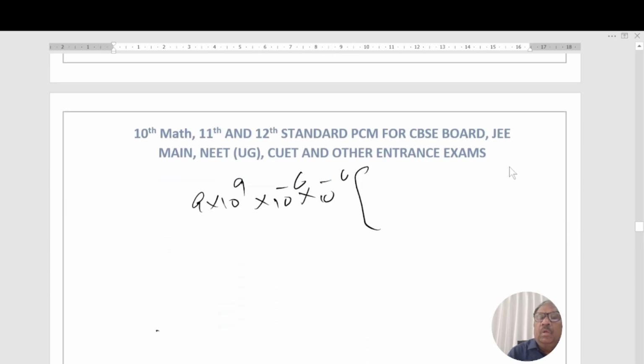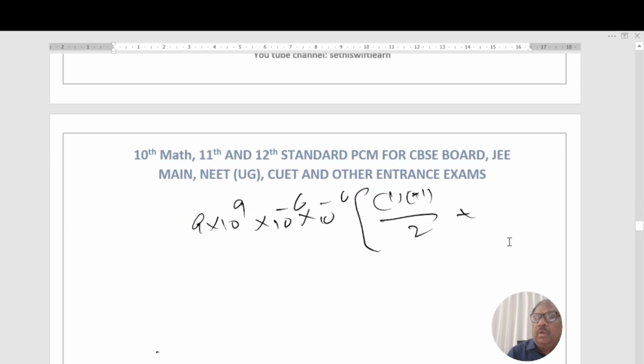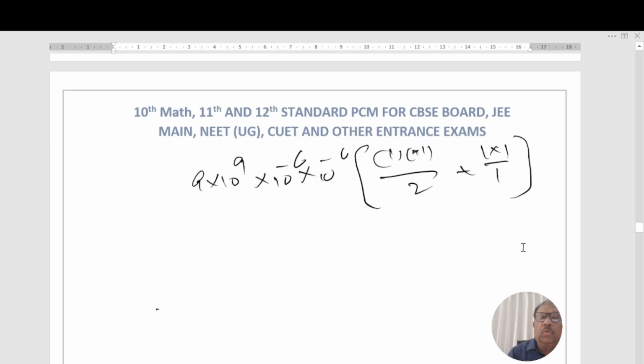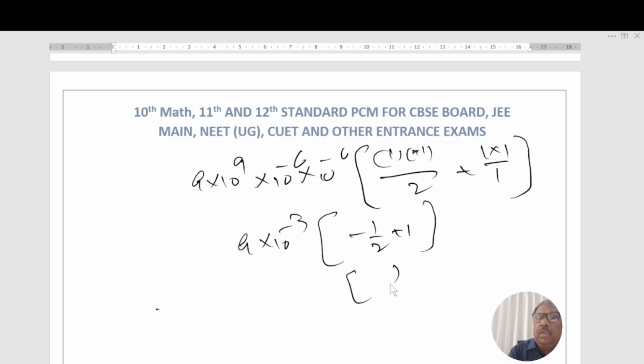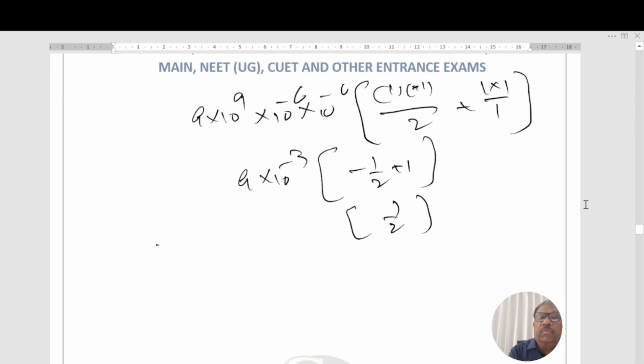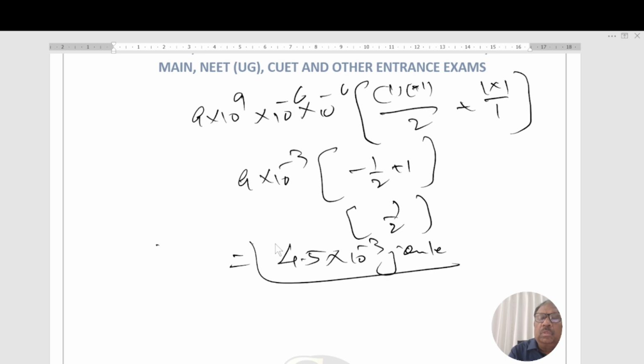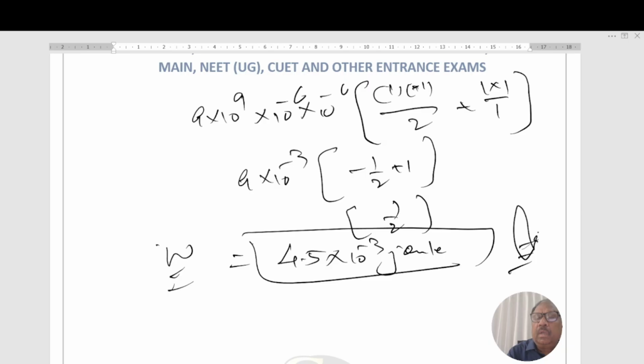Q3 Q1, 1 into minus 1 upon 2 plus 1 into 1 upon 1. This comes out to be 9 into 10 to the power minus 3, minus 1 by 2 plus half, that is half. On simplification, this comes out to 4.5 into 10 to the power minus 3 joule. This is the amount of work done. This is the answer of part A.